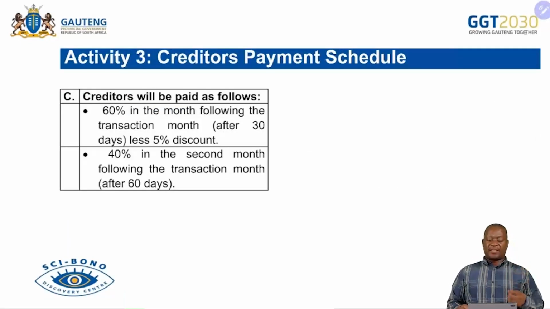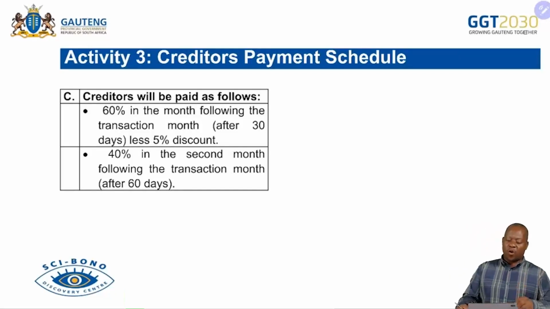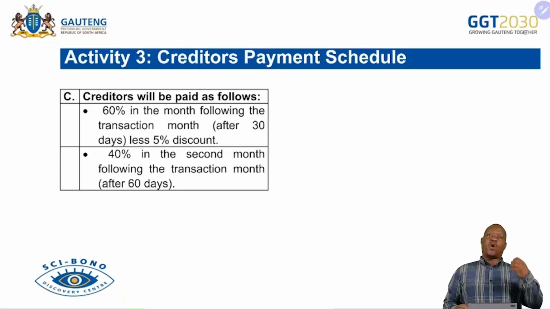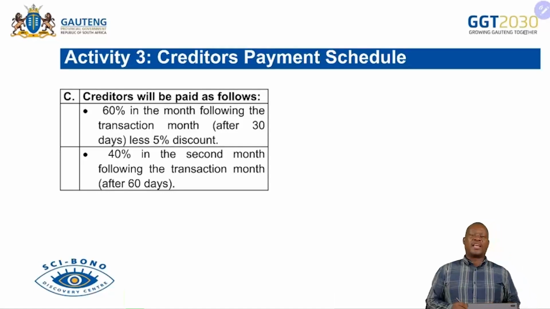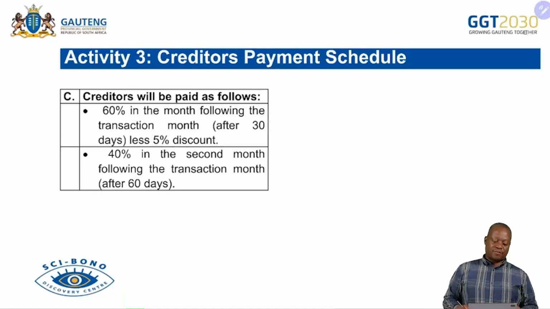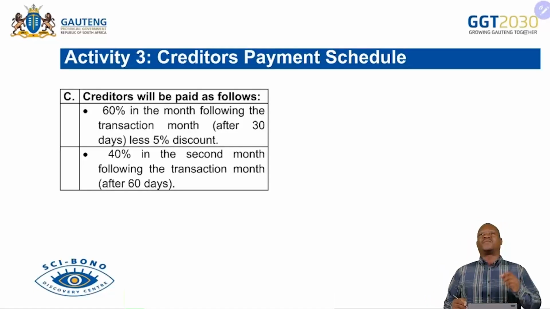Now let's check what information C says. Creditors are paid as follows. 60% in the month following the transaction month, which means you are buying in January, you pay in February. And why are you paying that? Because there is a discount that they are giving as our suppliers. So we are trying to take advantage of the discount.